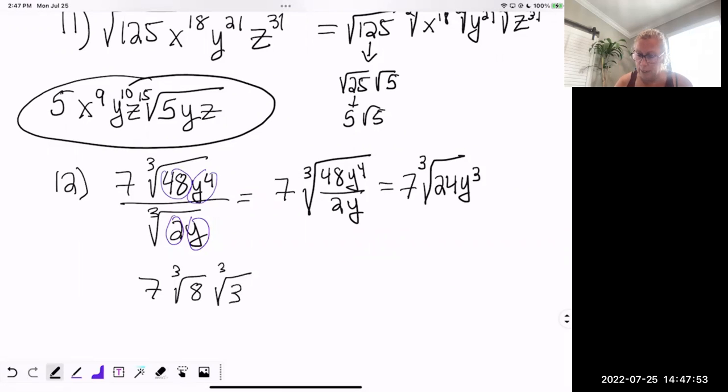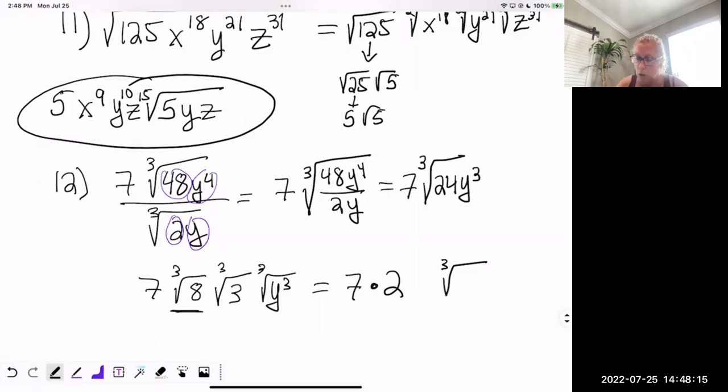Times 3. And then we have, of course, our y cubed. All right, 7 is going to stay for a minute, and you're going to put a multiply sign because that's what you're doing. I'm going to show you what's going to happen. The cubed root of 8 is 2. The cubed root of 3, I can't do anything.